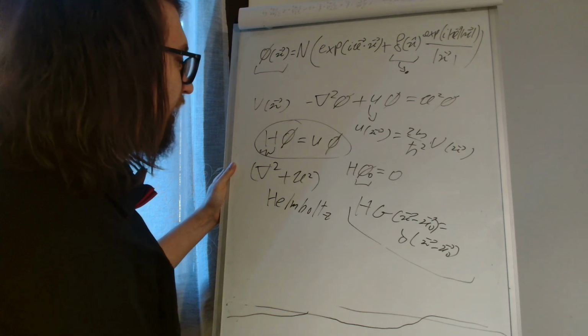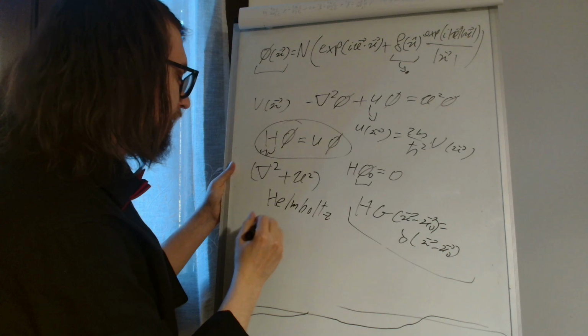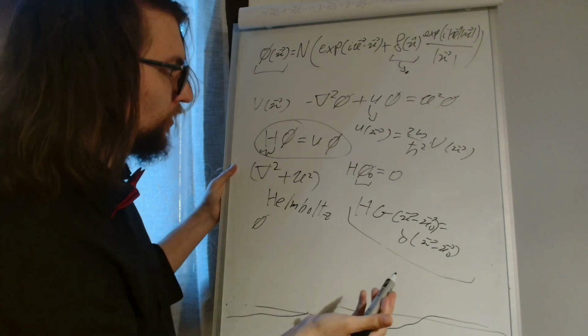And the idea is that we can find an expression for phi by combining these terms under an integral.